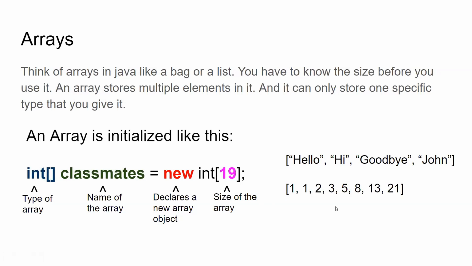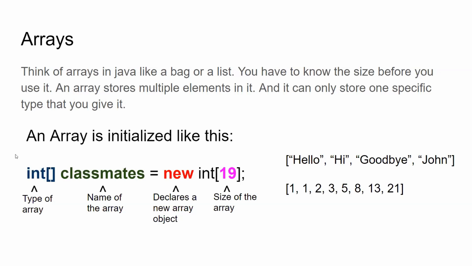Arrays can only hold one type of thing. If you make an int array, you can't put strings, floats, doubles, or booleans in it. You have to put ints in it. Just like if you make a string array, I can't put an int in here. It has to be a string.